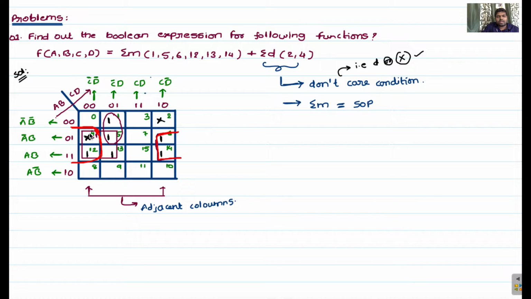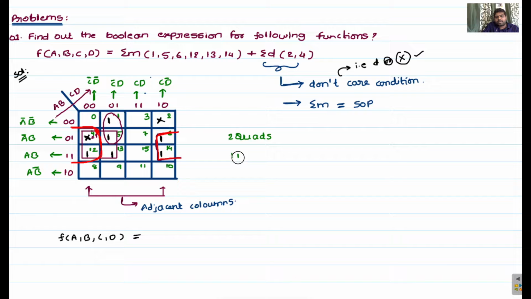Here I am considering the grouping of 4 adjacent cells because we expect the minimum number of literals. Now I am writing f of a, b, c, d equals. Here in total we have 2 quads plus 1 pair.